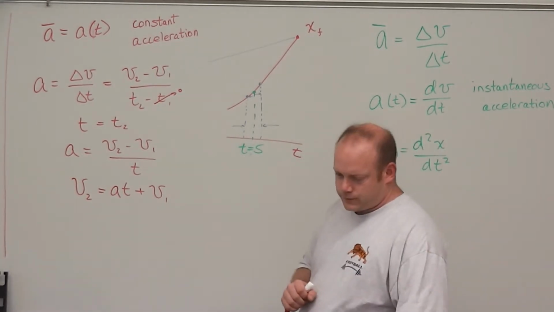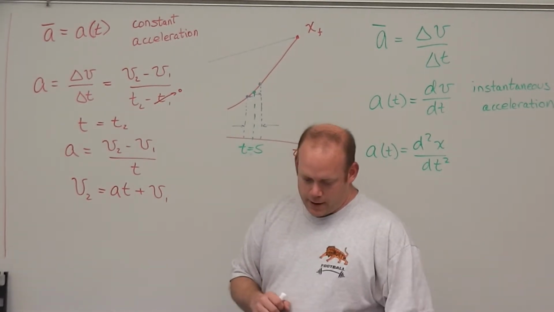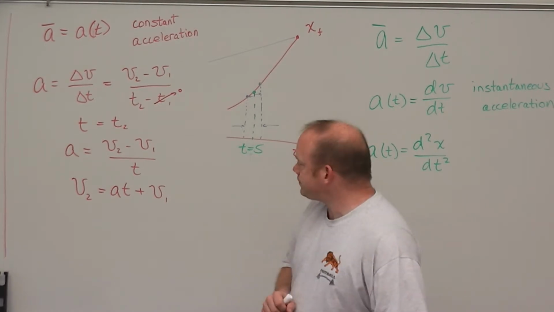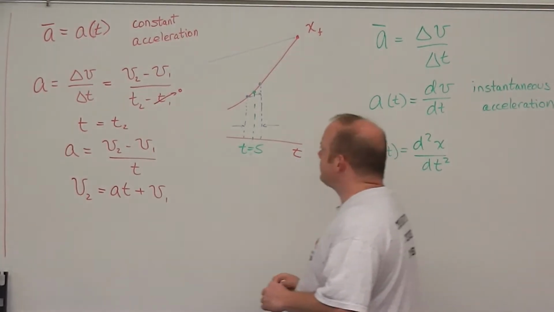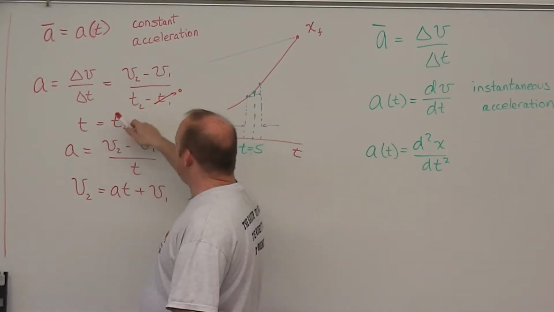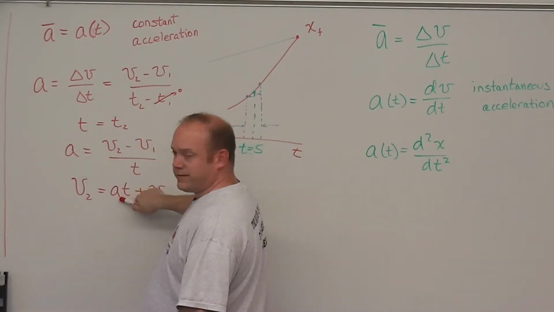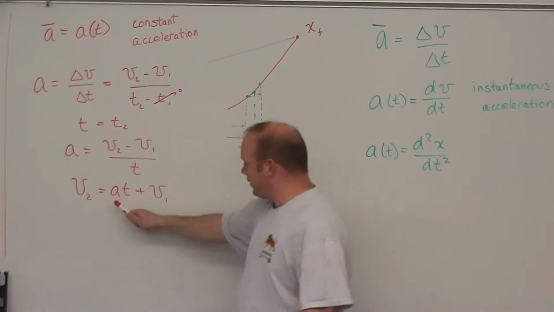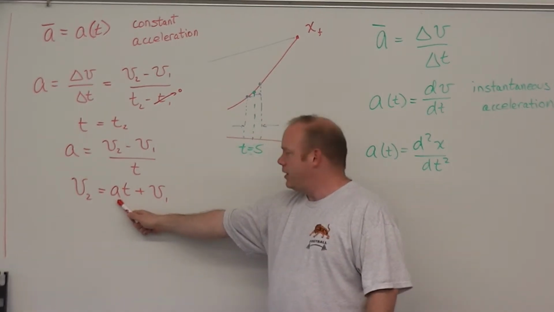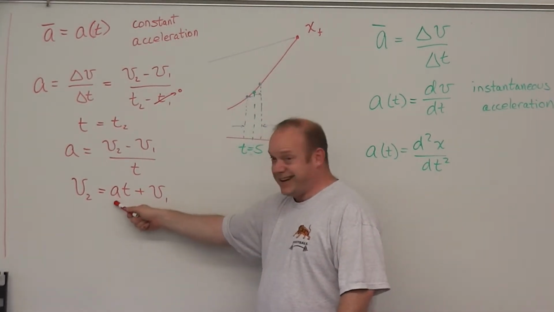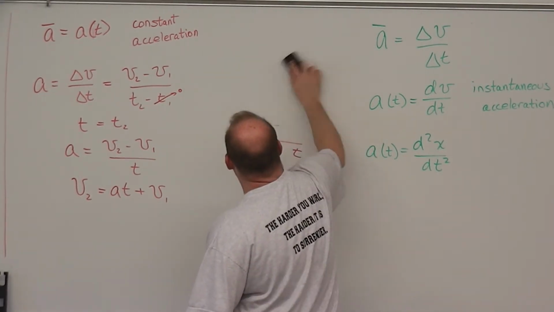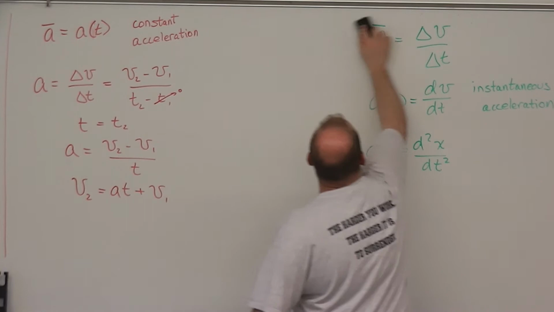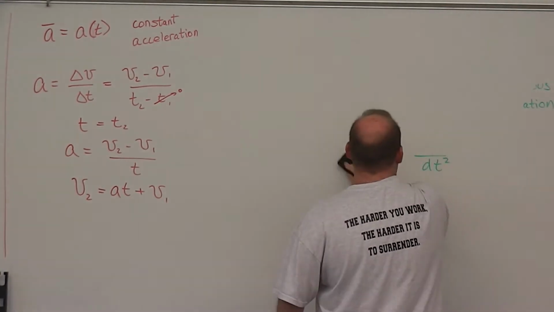So now, let's take a look at position. Well, here we're able to take away average acceleration. We can just call it the acceleration because it's a constant acceleration. I don't have to call this average acceleration. It is constant. Okay. So now, let's take a look at position now.